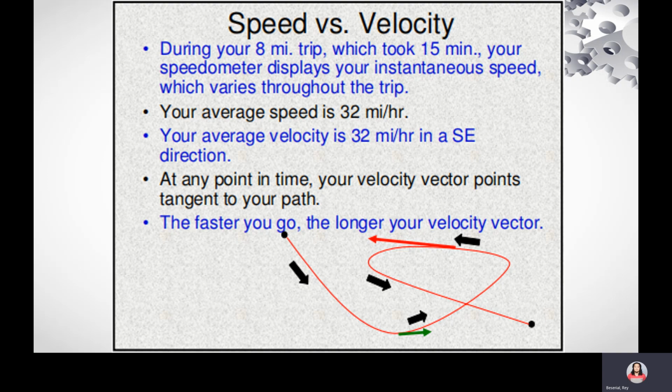And then, the faster you go, the longer your velocity vector is. Itong example or representation ay itong red na arrow. Kung gaano kabilis ang iyong takbo or velocity, irerepresent siya kung gaano kahaba ang iyong arrow. Okay, next.